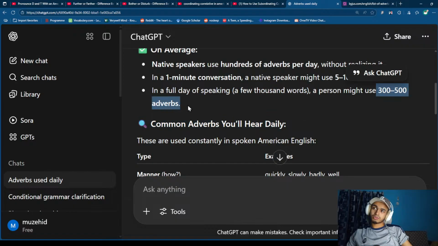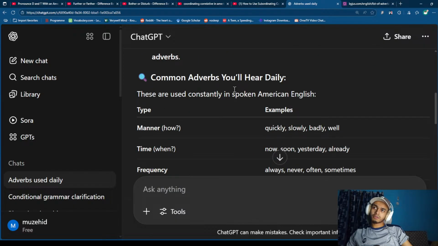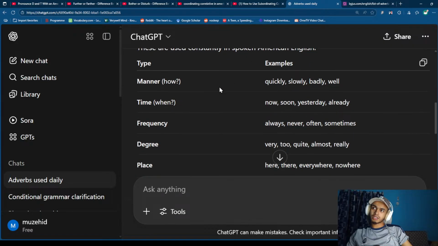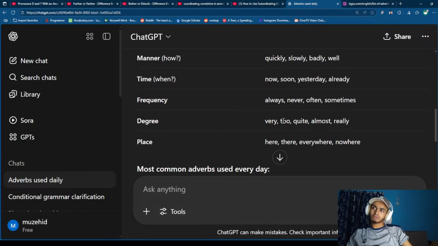In a full day of speaking, a person might use 300 to 500 adverbs. Ooh. Common adverbs you'll hear daily are used consistently in spoken American English. Manner: quickly, slowly, badly, well. Time: now, soon, yesterday, already. Frequency: always, never, often, sometimes.